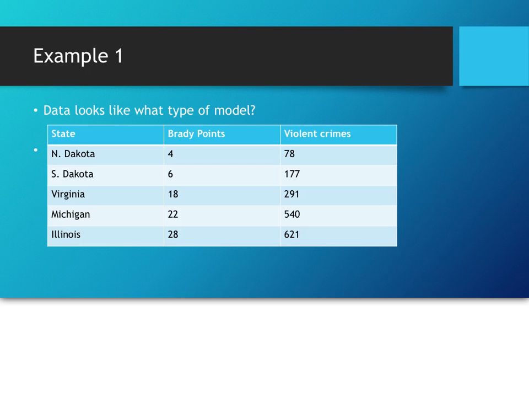All right, so here's what you're going to do. You're going to be given raw data, and we're going to have two variables. One of these variables we're going to call our x variable. In this case, let's call our Brady points x, and violent crimes we'll call y.